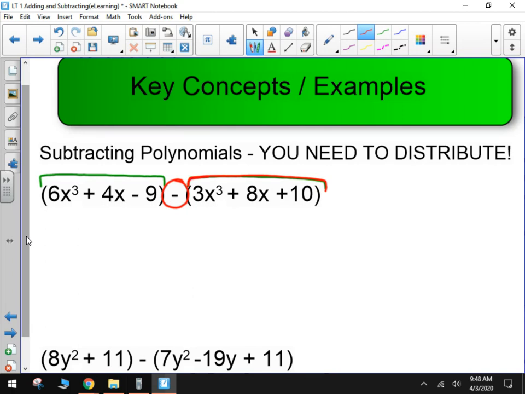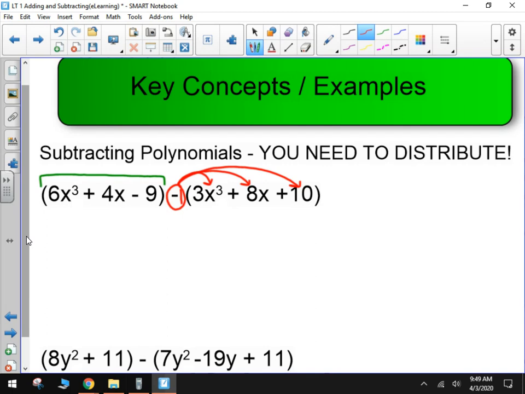This whole polynomial is getting subtracted, not just the 3x to the third power, the whole thing. Okay, so what that means is this is really a negative 1. If there's no number there, it's a 1. So I need to take this negative 1 and multiply it, so I need to distribute it to all three terms.